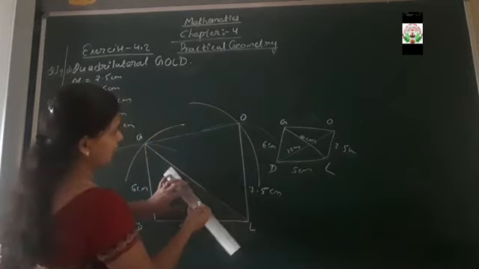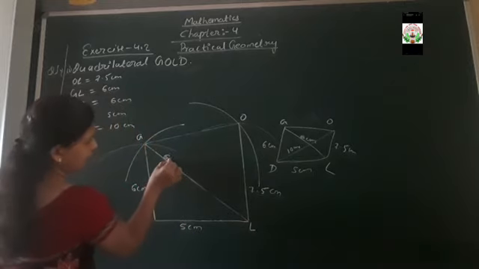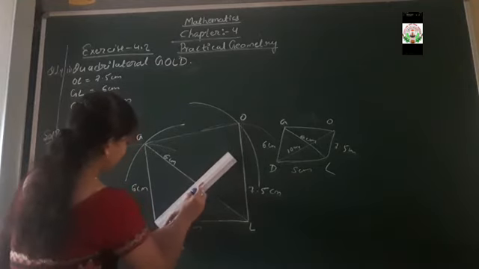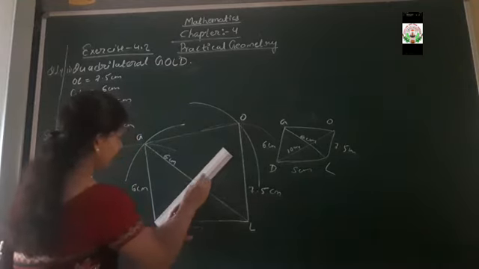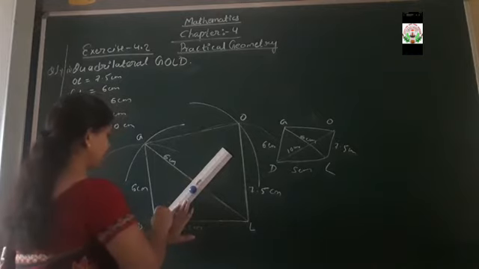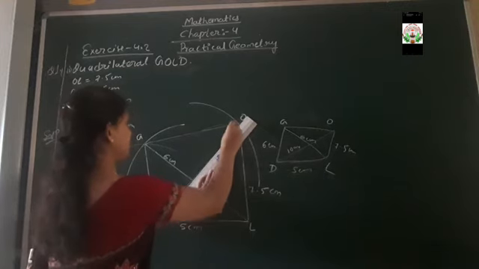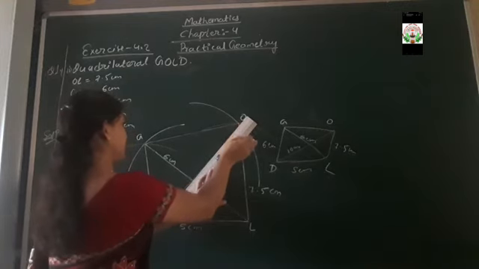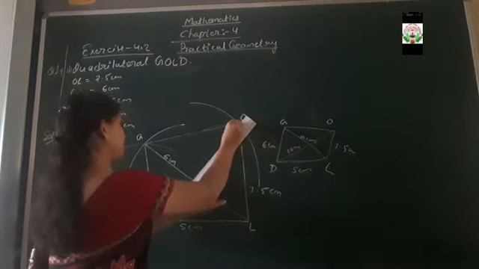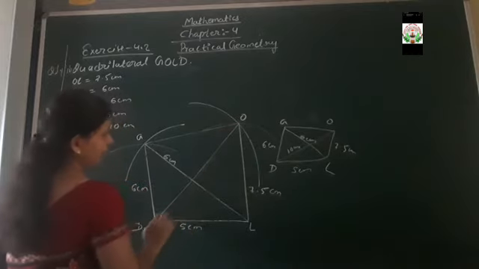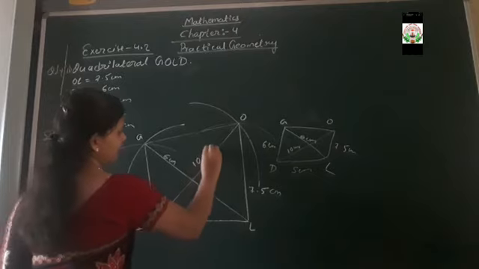So here the diagonal GL is 6 centimeter and the diagonal DO is equal to 10 centimeter.